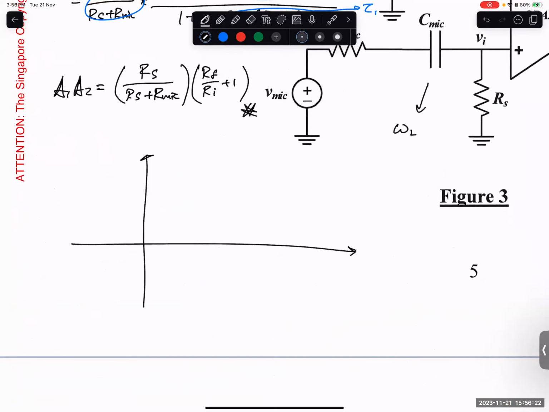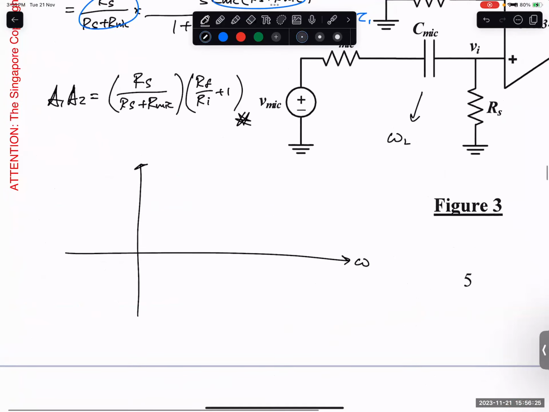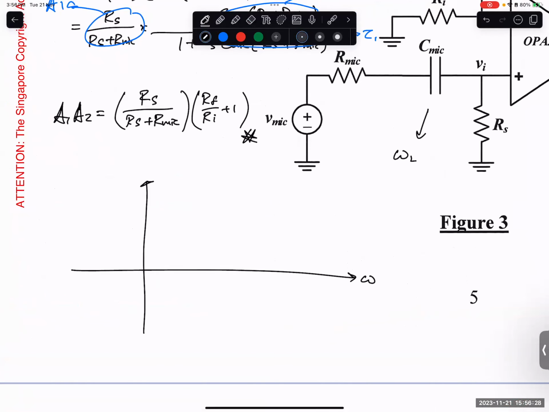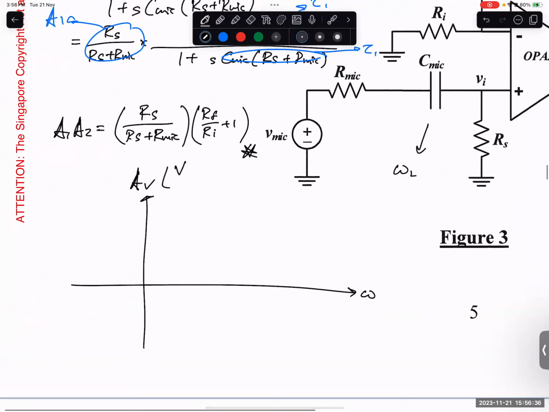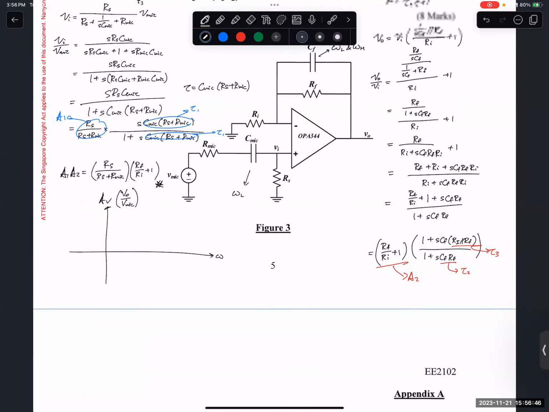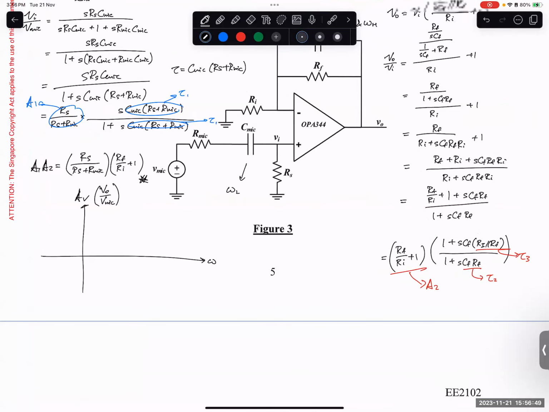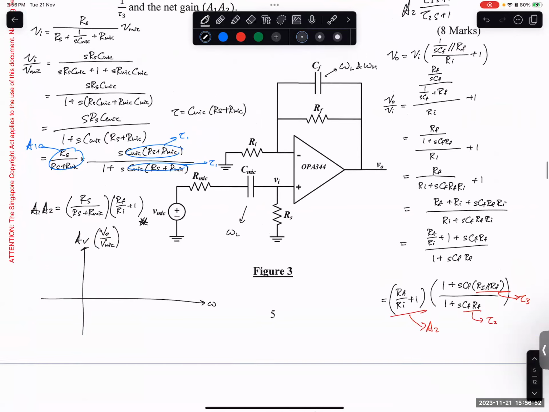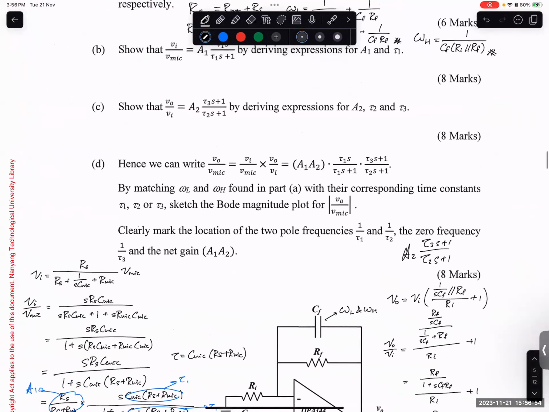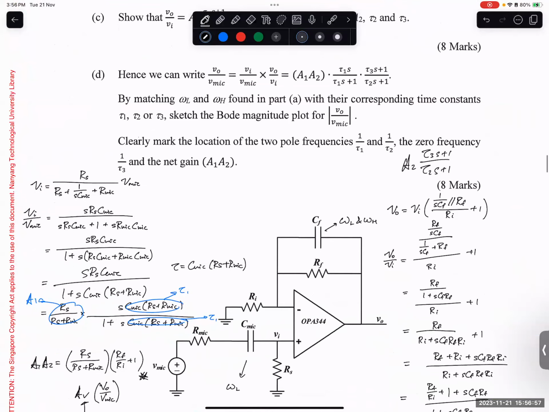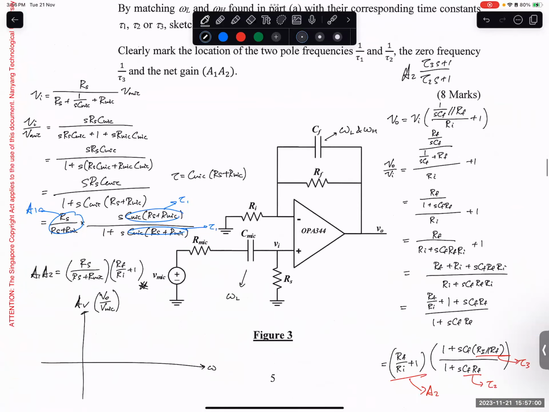This axis is omega, and this one is in terms of gain. The gain is AV, which is actually just Vout over Vmic. Then we need to clearly mark the location of the two pole frequencies. So I will mark one here and one here.